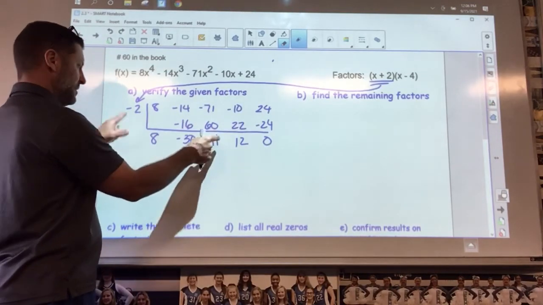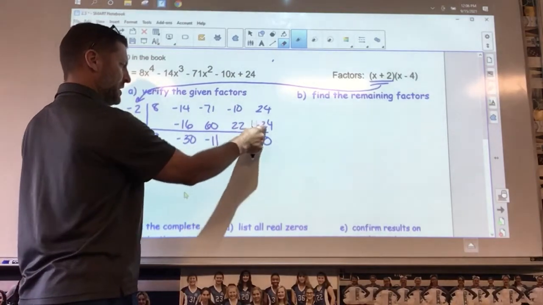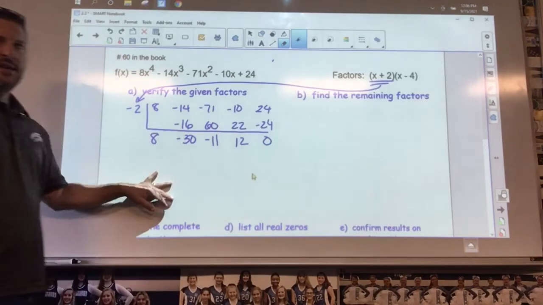Negative 11, multiply, 22, add, 12, multiply, negative 24, add, 0.